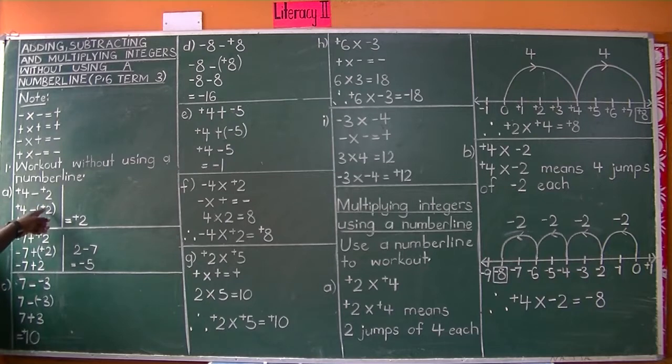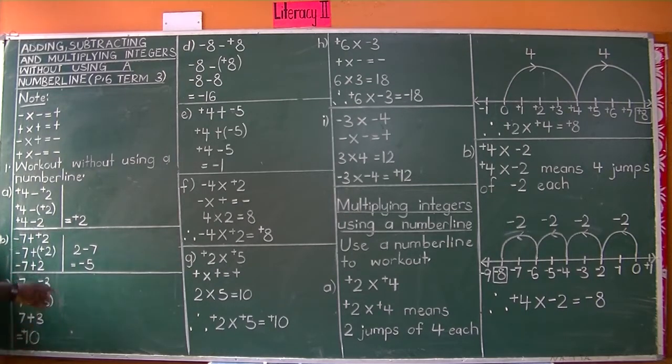A negative times a positive, you get a negative, so I've got positive 4 minus 2. It's the same as 4 minus 2, which is equal to 2. And any integer without a sign is a positive. So by saying 2, I mean positive 2. So the answer is positive 2 and nothing else.